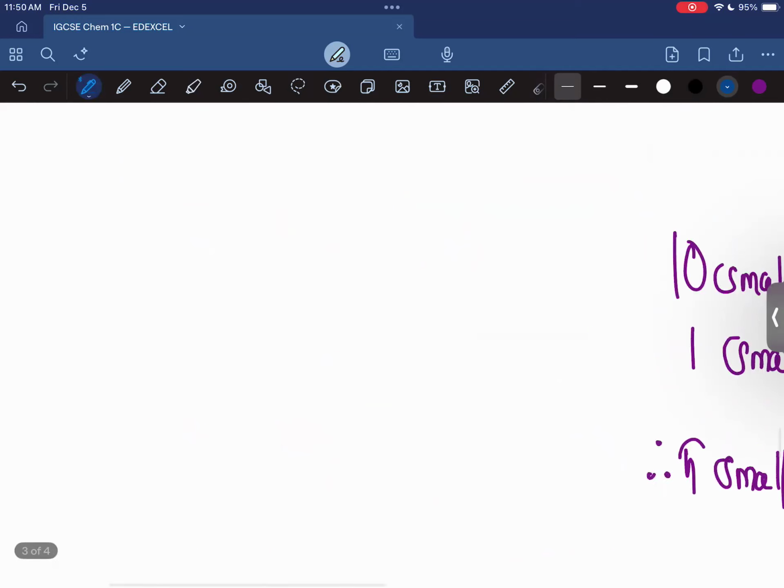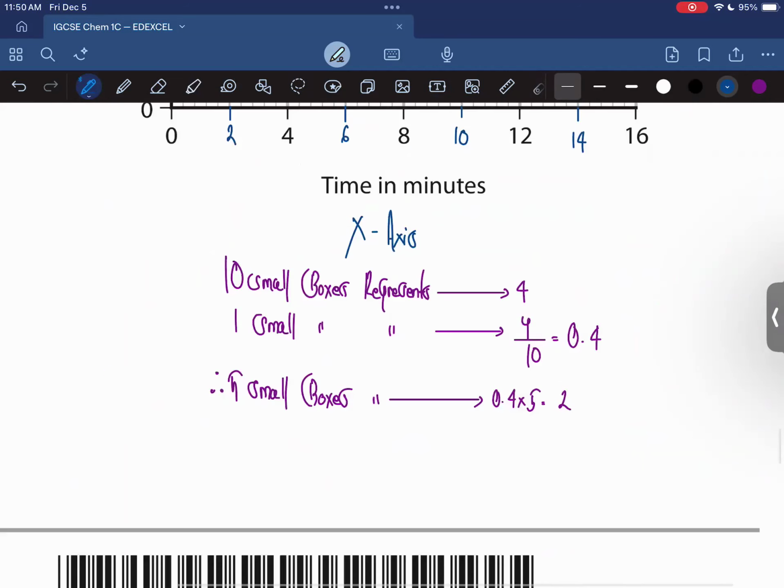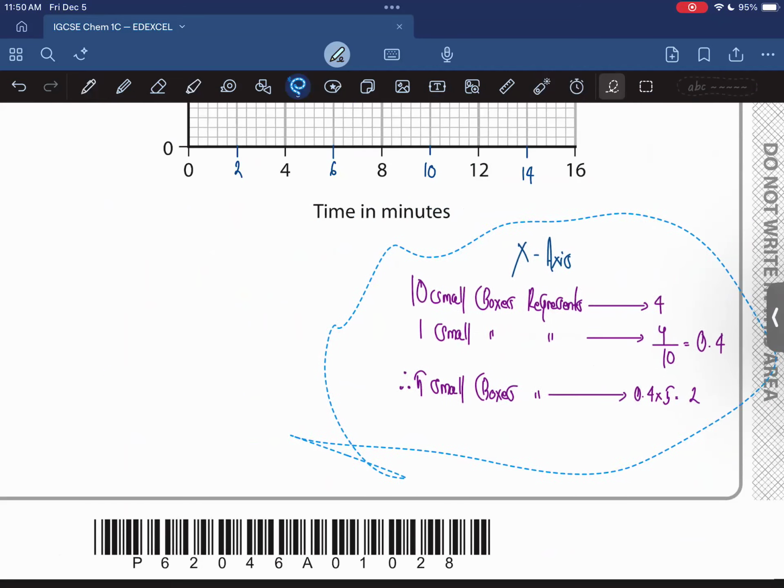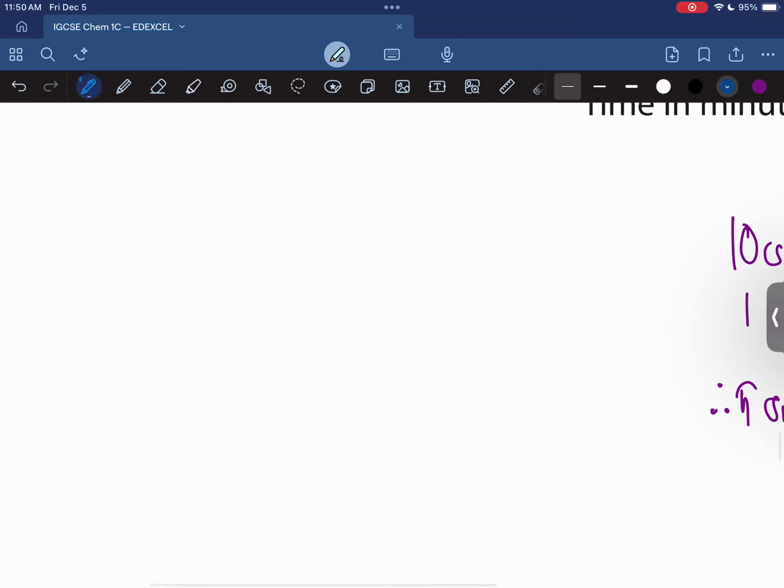Now let's figure out the scale for the y-axis as well.